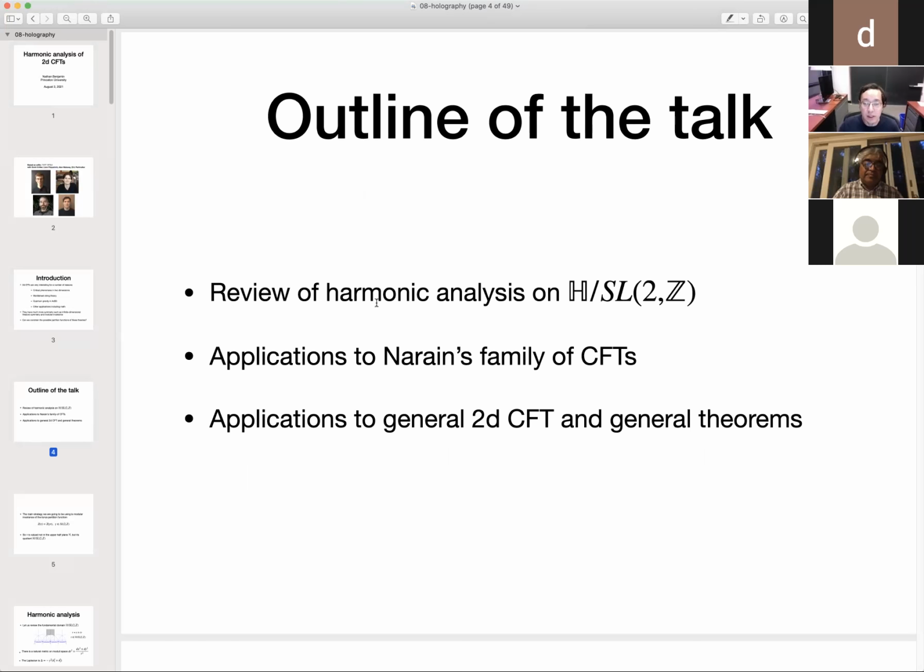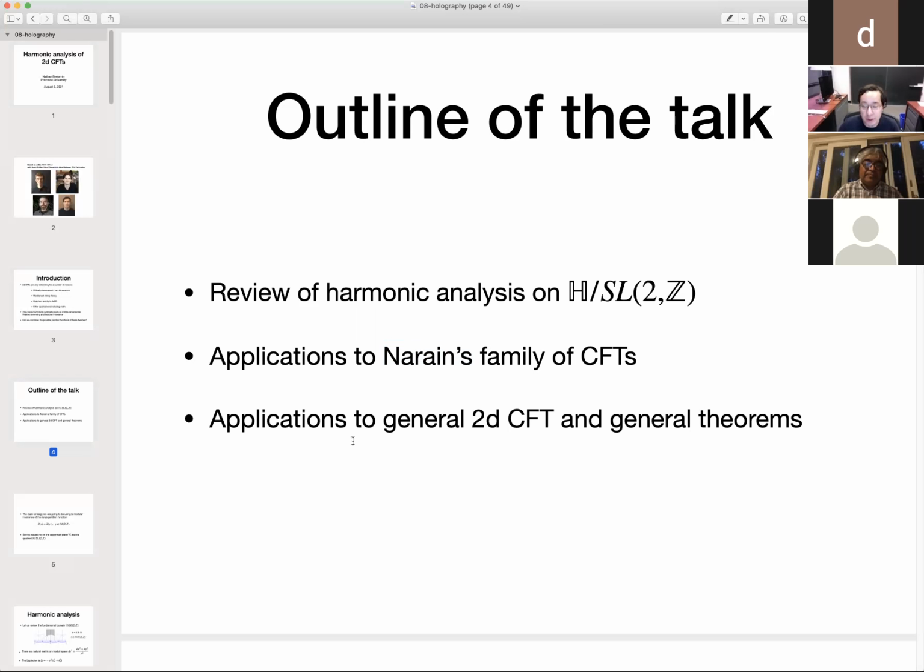The outline of this talk is, first, I'm going to review this harmonic analysis. This is some new technology that we're going to be borrowing from the mathematicians, which will give us new ways to look at some of these constraints on 2D CFT partition functions. And then we're going to apply it to 2 different types of CFTs. First, as a warm-up, we're just going to be applying it to free bosons on some lattice.